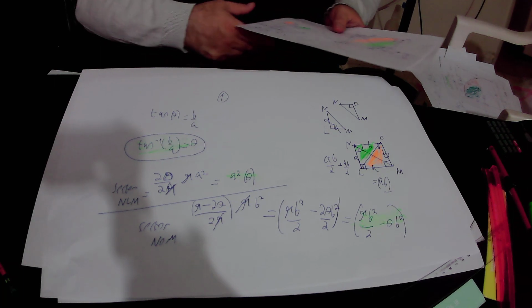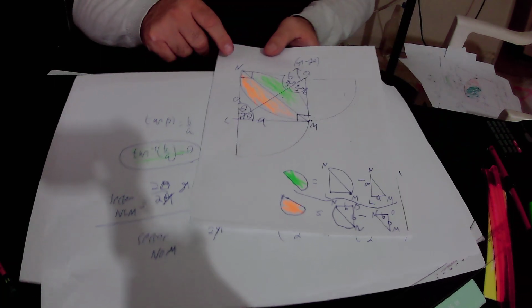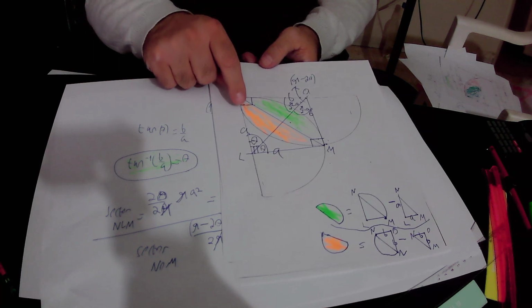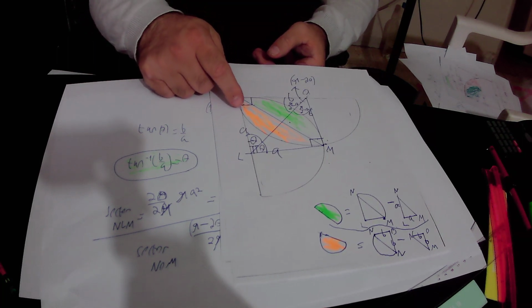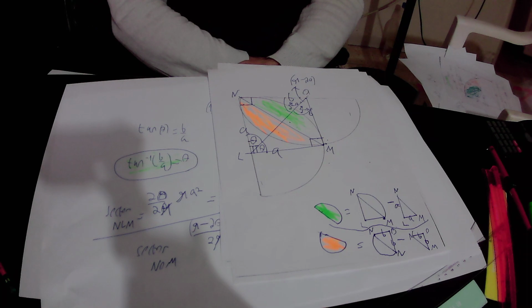Then from here, if we focus on the right triangle LNO, we get tan theta equals b over a.